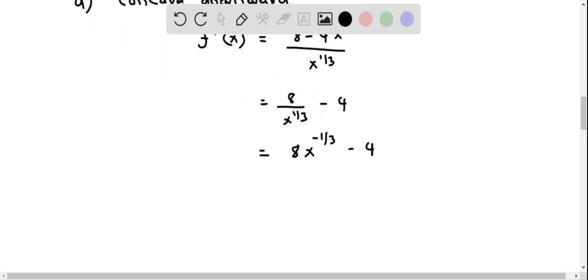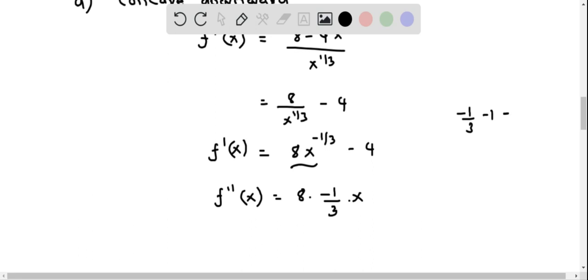Now let's find the second derivative by differentiating this first derivative function. This is the first derivative. We find the second derivative, and so this equals the derivative of this expression, that is 8 times, we put the power in front and then raise x to the power of negative 1/3 minus 1, and this equals negative 4/3.